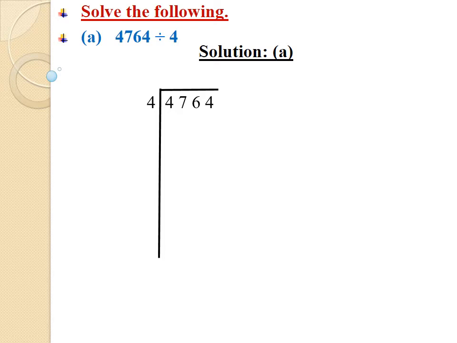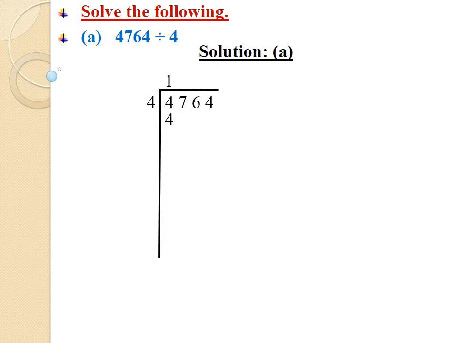So we have to write second factor 1 up, that is in the quotient, and product 4 down, that is exactly below the digit 4, that is in thousands place. Now we have to subtract 4 from 4.